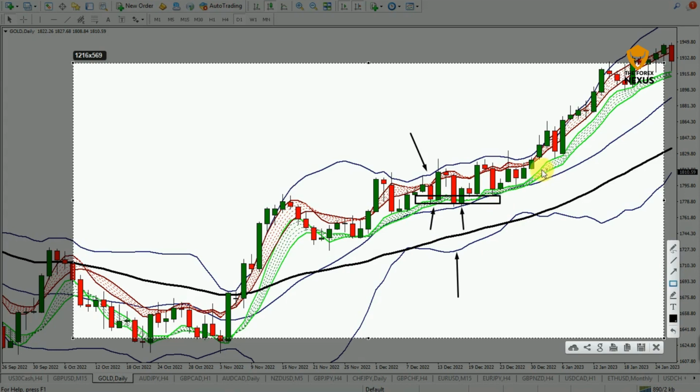These re-entries are above the middle band. Also the moving average, the MA510 low, is moving above the middle band. It means that we have powerful buy setups. This is a powerful and strong bullish trend when the market is moving above the middle band.